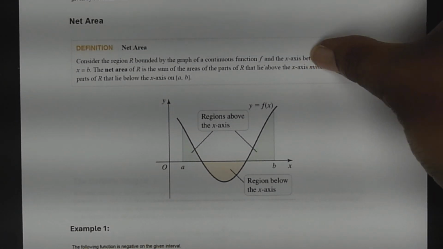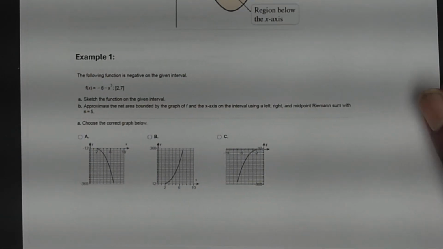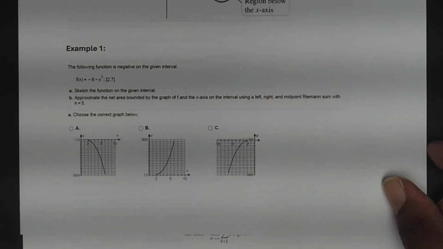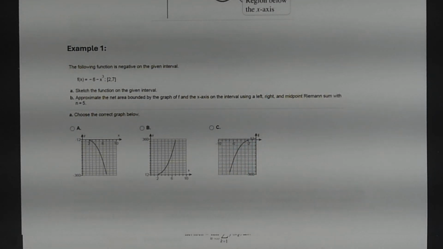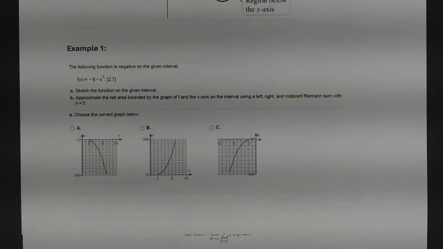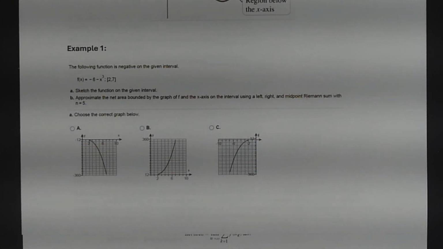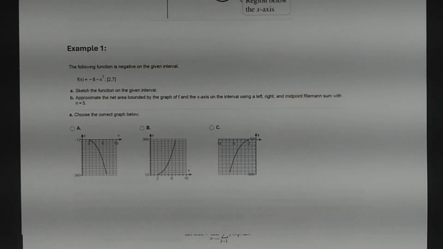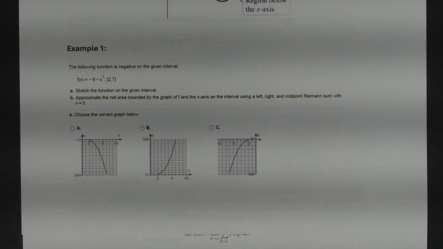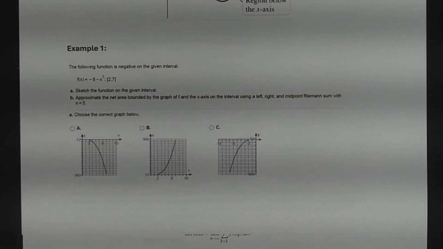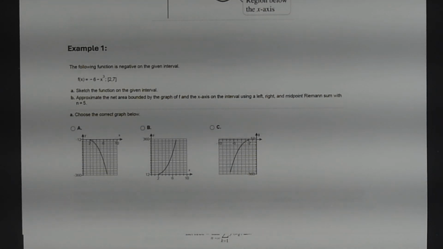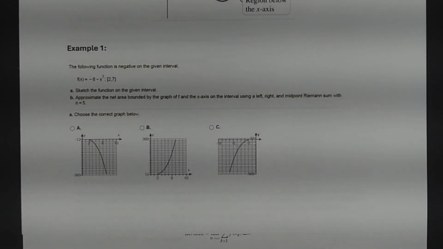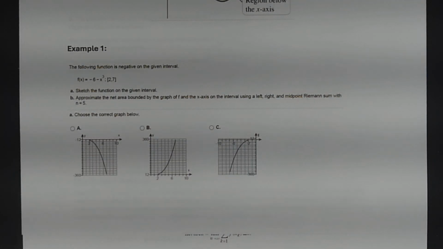All right, so let's talk about example 1. This is back when we were doing Riemann sums in section 5.1, approximating the area under the curve. Let's say the following function is negative on the given interval. Here we've got f of x is equal to negative 6 minus x cubed, and the interval is from 2 to 7.